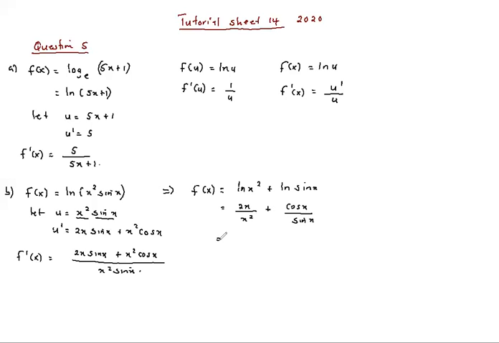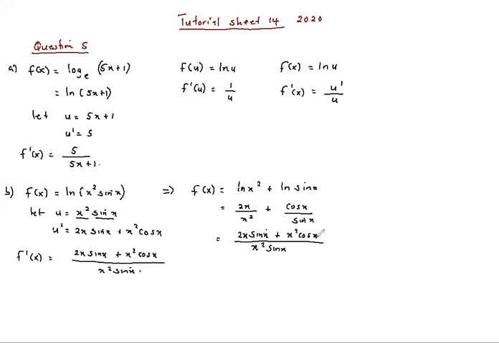This is also the same thing, because if you get the common denominator, x squared sine x, you get 2x sine x plus x squared cos x.